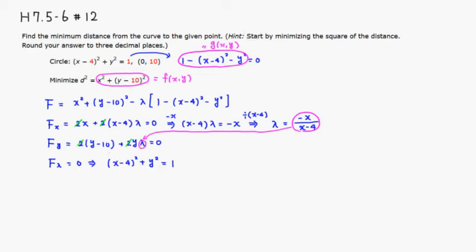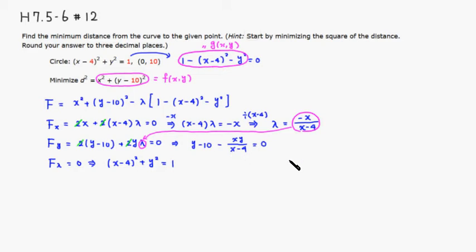So you will have y minus 10 is still there, then you have y times negative x over x minus 4, so it's going to be a minus xy over x minus 4, and this is equal to 0.